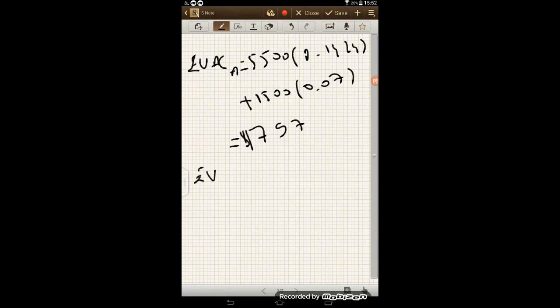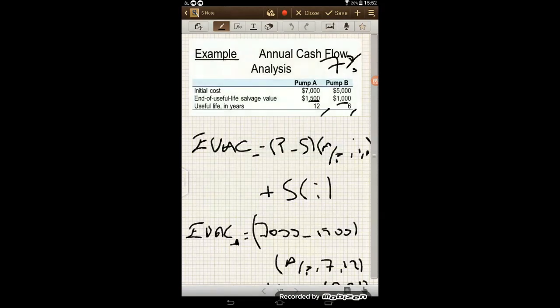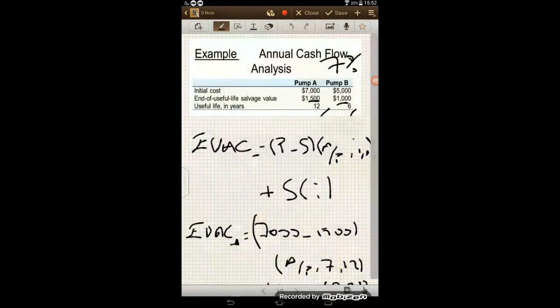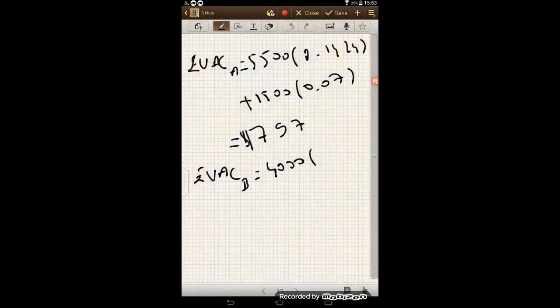The equivalent uniform annual cost for B is going to be the same analysis: 5,000 minus 1,000 is 4,000, multiplied by, again, A over P, 7%, N is not 12 right now, it's 6.